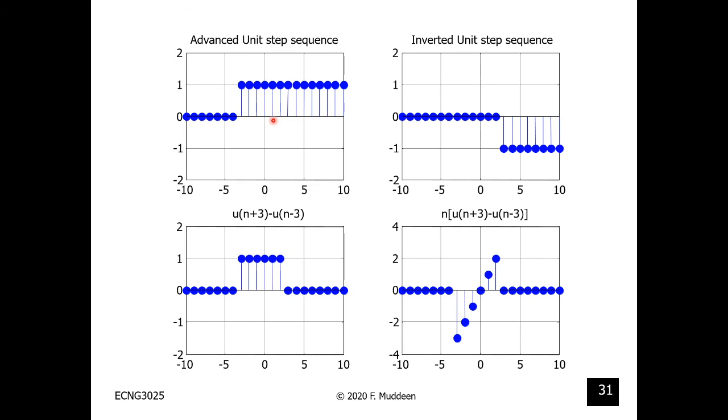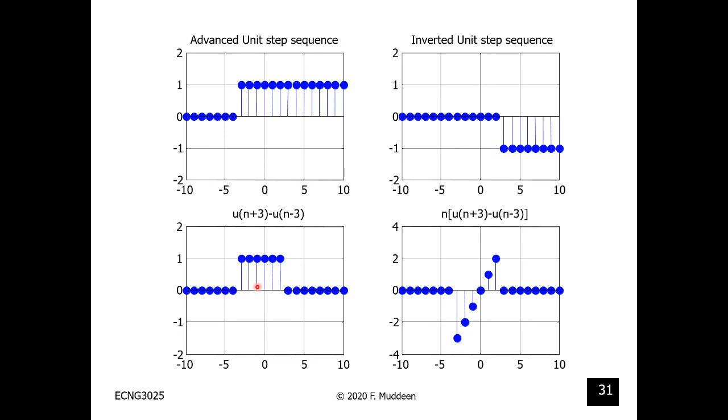So basically, if we had these two random signals here, which would be a general advanced unit step sequence and an inverted unit step sequence, and we decide to do some signal manipulation on these, what you observe is that if we had an advanced unit step sequence and a delayed unit step sequence, the difference of these two gives us a rectangular window.